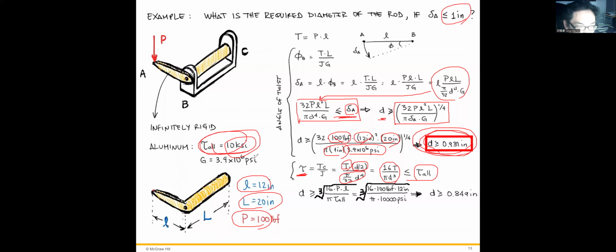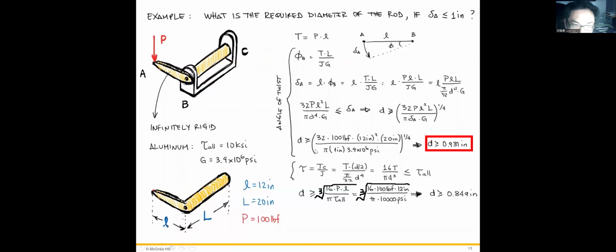From this relation, finally, we get that the diameter of this solid rod has to be greater than 0.849.